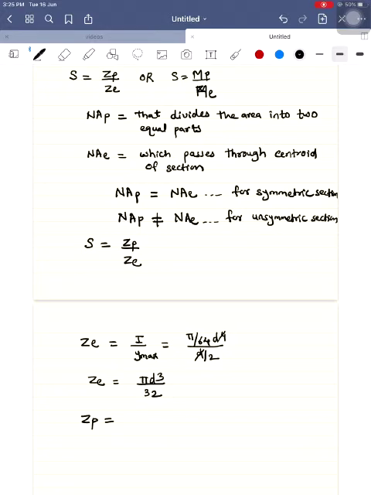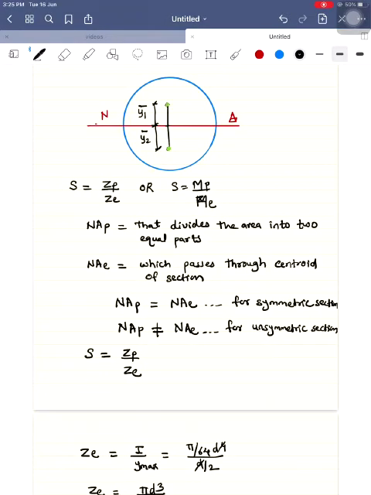Plastic sectional modulus can be determined by A by 2 into y1 bar plus y2 bar, where y1 bar and y2 bar are the centroidal distances of upper and lower part of the section. y1 bar is the centroidal distance of semicircular section, that is equal to 4r upon 3 pi. y2 bar is also the centroidal distance of semicircular section, that is equal to 4r upon 3 pi.